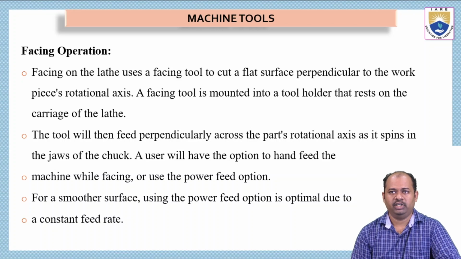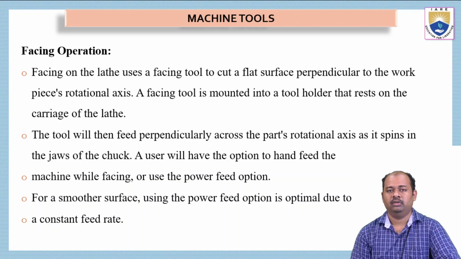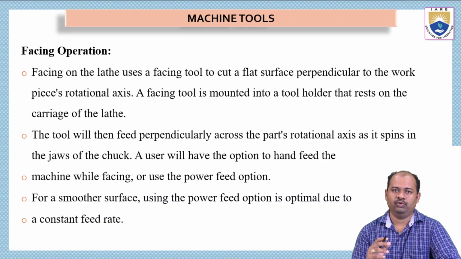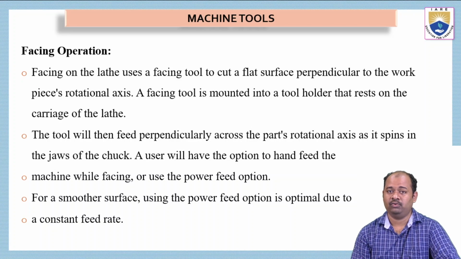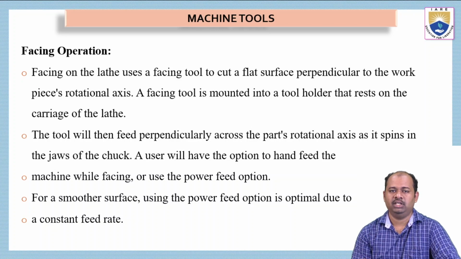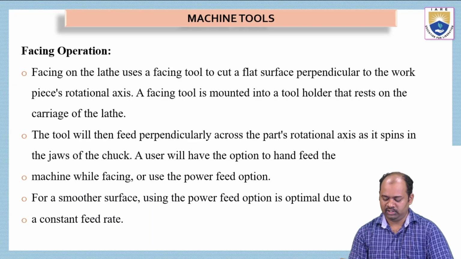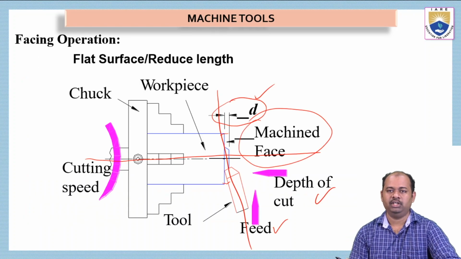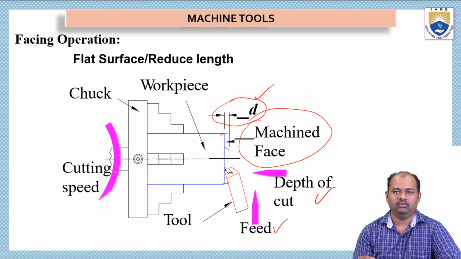A facing tool is mounted into a tool holder that rests on the carriage of the lathe machine. So whenever we want to do facing operation, we have to keep the tool on the tool post. The tool will touch and cut the workpiece in the required manner. Only a single point of the tool must be touching the workpiece, not more surface, like a line surface should not be in contact with the workpiece.